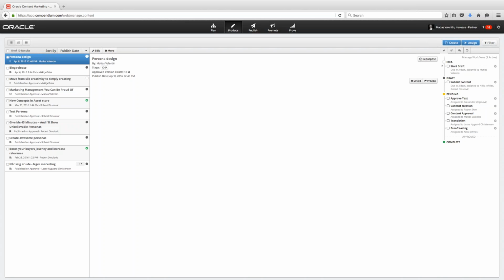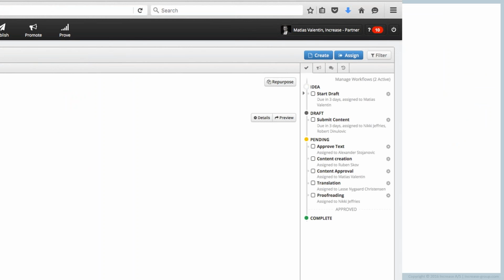Exactly. So moving into production, you're still in the planning part, because you have switched your idea into an actual production stage, and you can see here in the right corner that you have a lot of different stages for a content production, for someone to write it and someone to approve it.